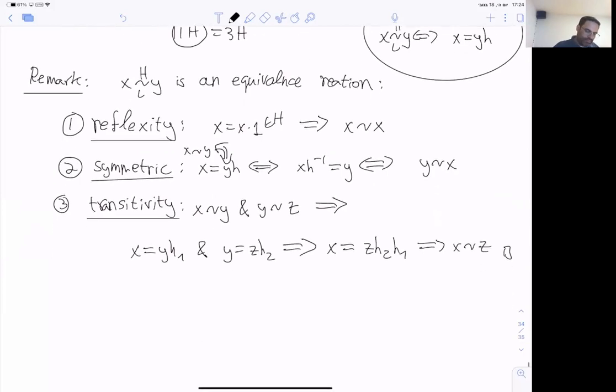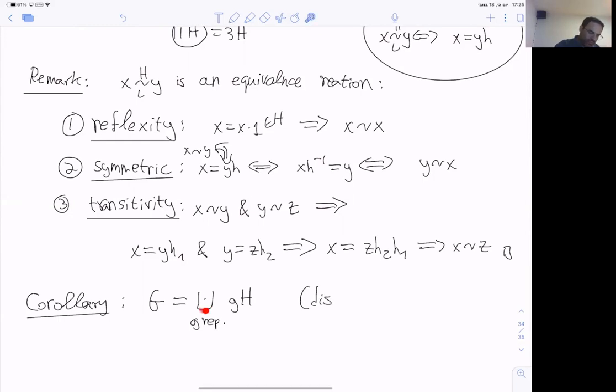So, corollary: G is a disjoint union of its cosets. This is how we denote disjoint union, with a dot inside.